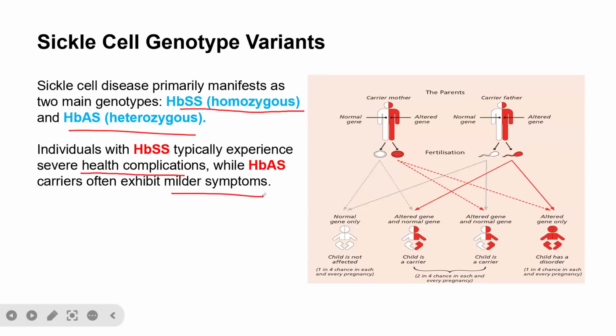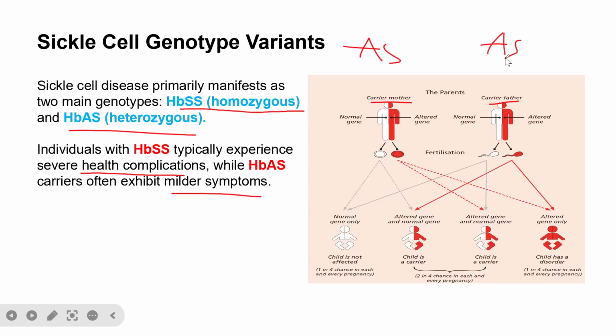So how does this disease occur in humans? Let's assume you have a mother and a father who are both carriers. The mother is AS, and the father is also AS.